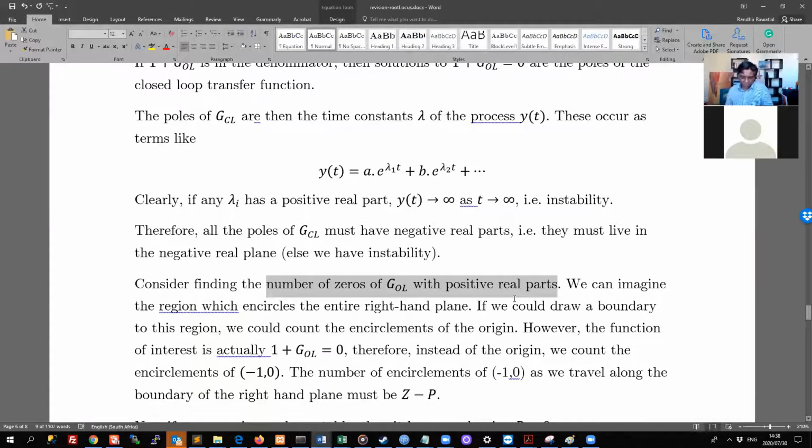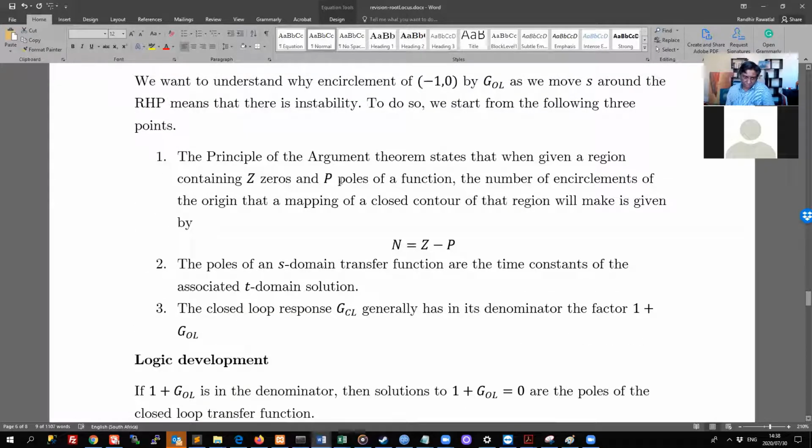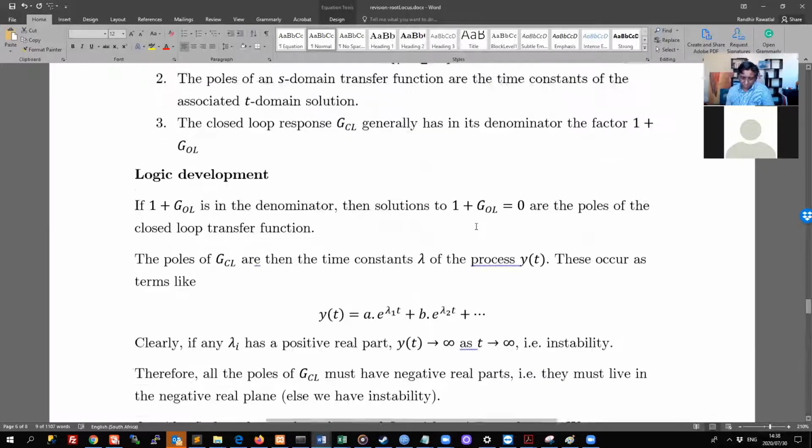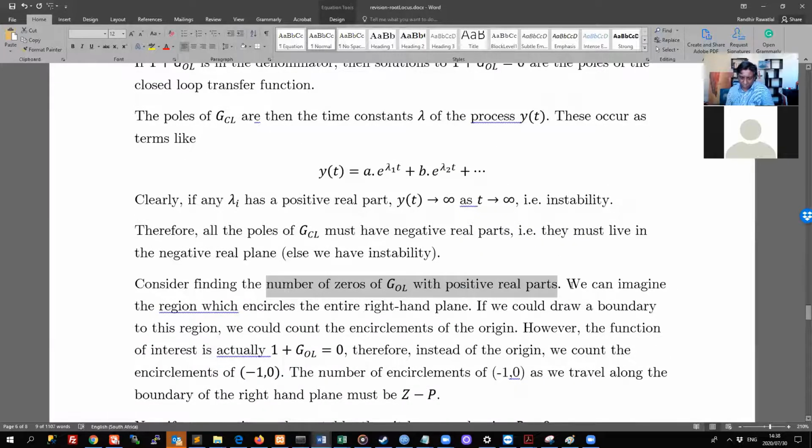And to answer that, we can now think about using this interesting principle of the argument theorem. To find out if we have any positive real parts in the complex plane, we can imagine a region that goes around the entire right-hand plane. So of course, you've got your real axis and your imaginary axis.